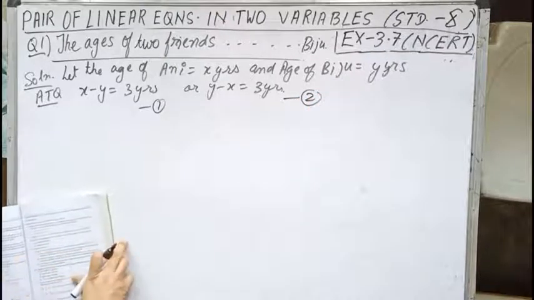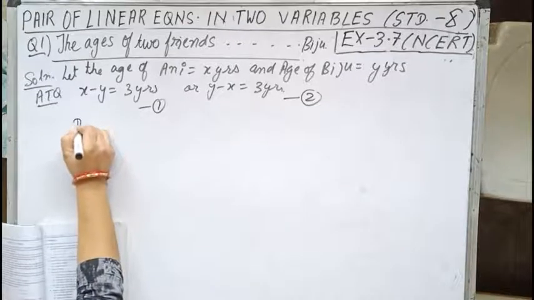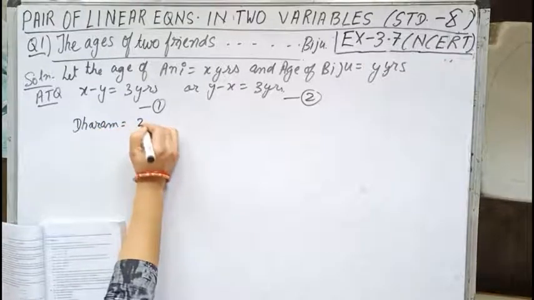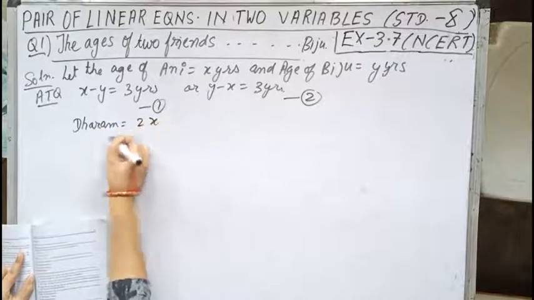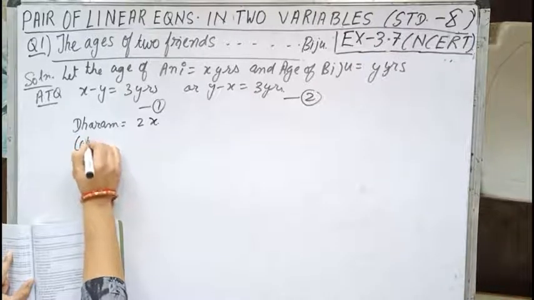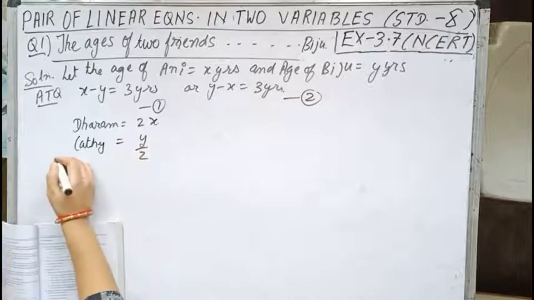Now Annie's father Dharam is twice as old as Annie. So Dharam equals 2x. And Biju is twice as old as her sister Kathy, and Kathy equals y by 2.